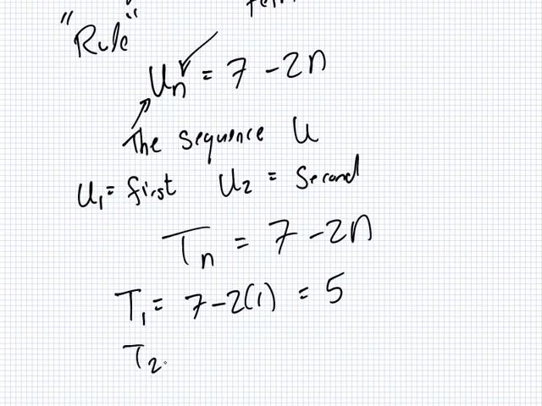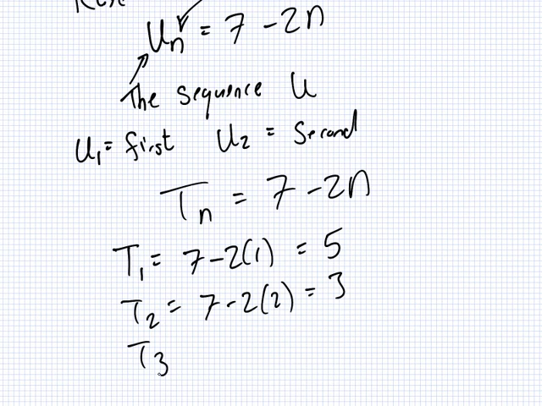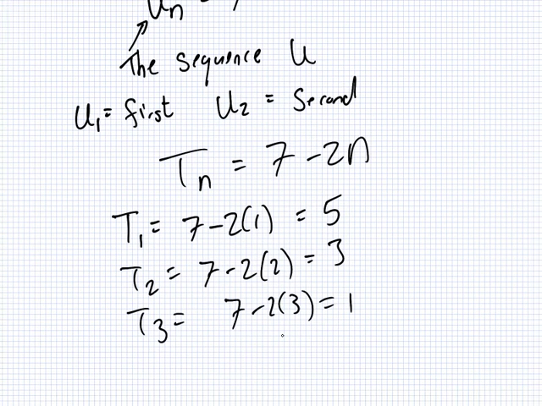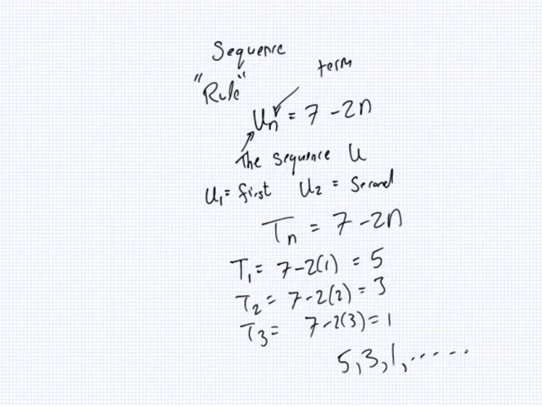The second term will be 3. And one more will be 1. So this sequence is 5, 3, 1, etc. Okay? So this is most convenient if you can give your rule as a formula like this.